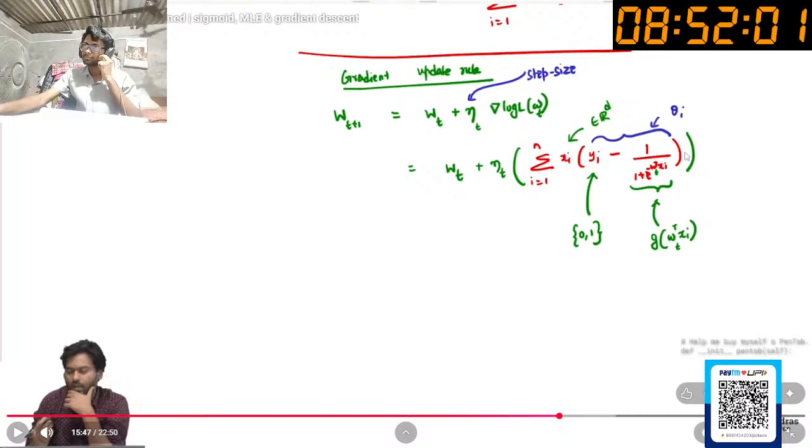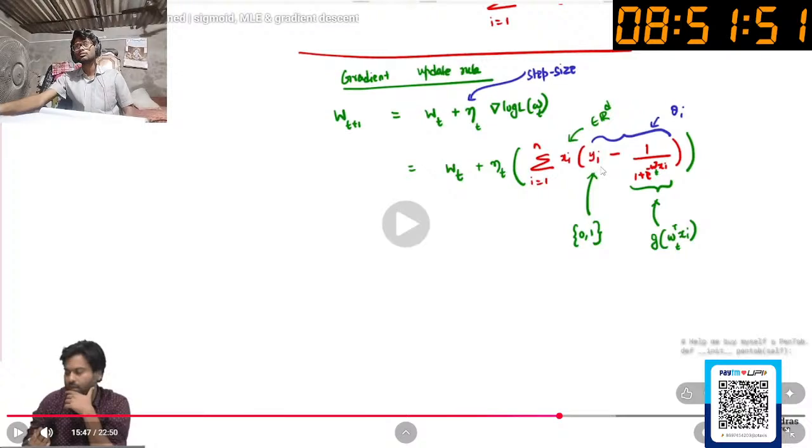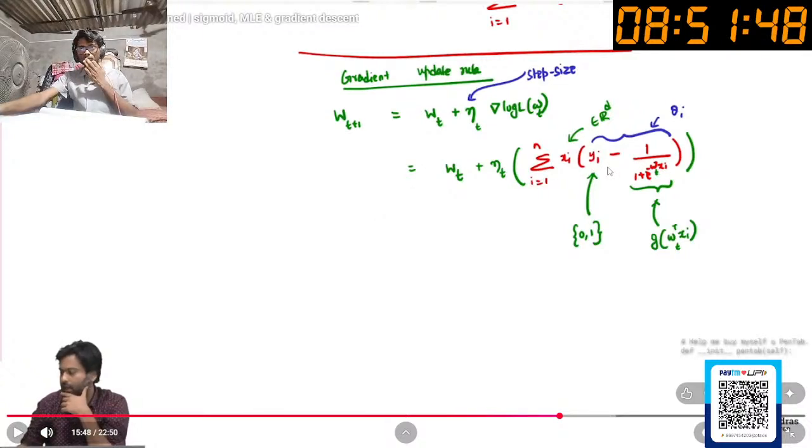So 1 minus something higher, that is something around 1, will be less. And the other case for a correct classification is when yi is 0, and this value also turns out to be around 0. So again the difference between these two will be small.